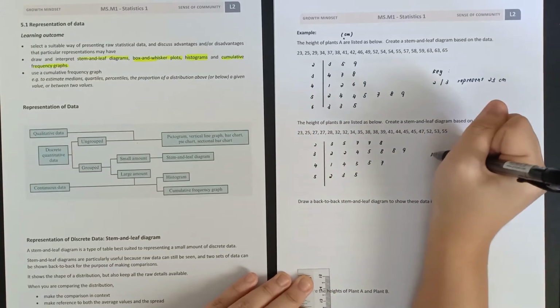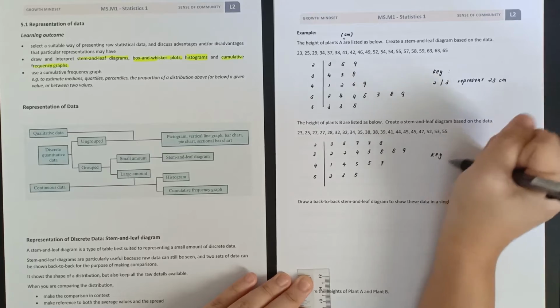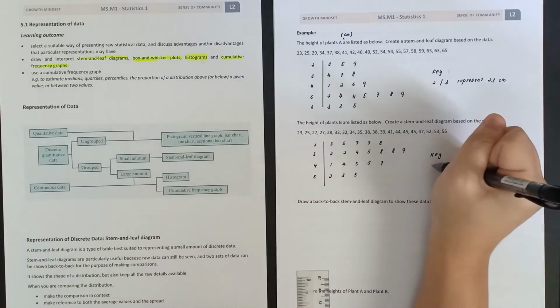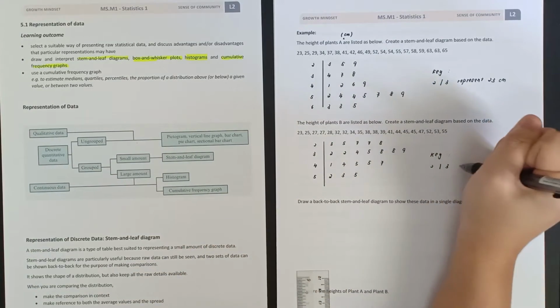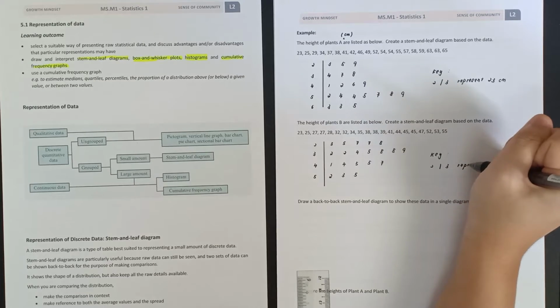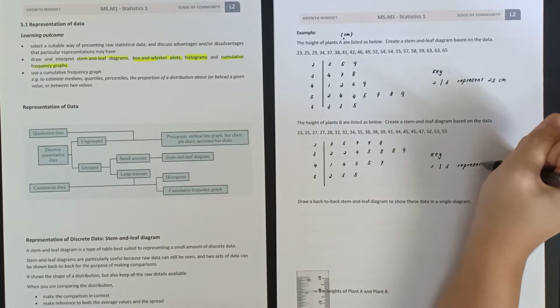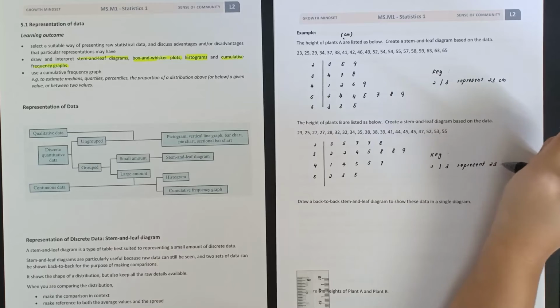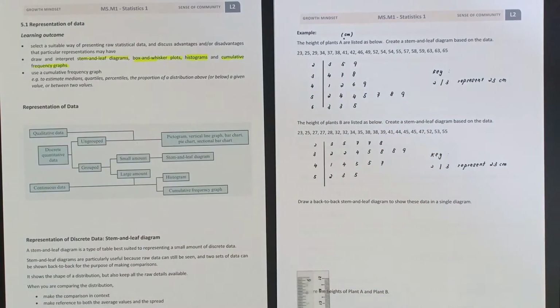When you finish, don't forget to write down your key. Here it's going to be 2, 3 also, representing 23 cm. Is that alright? So don't forget your key.